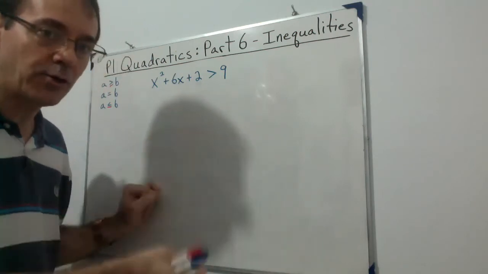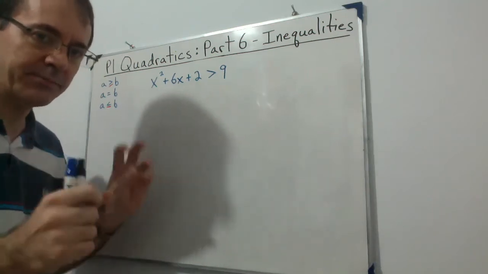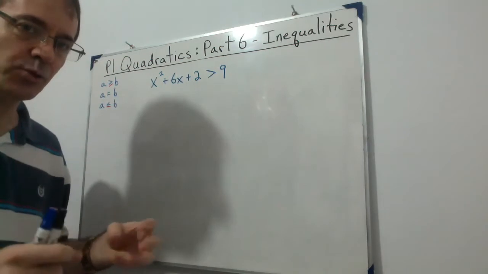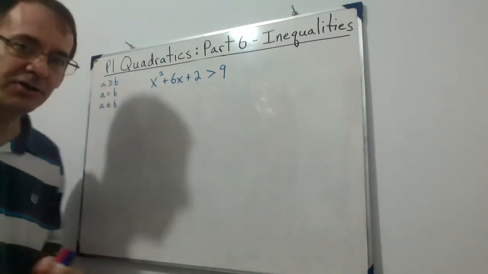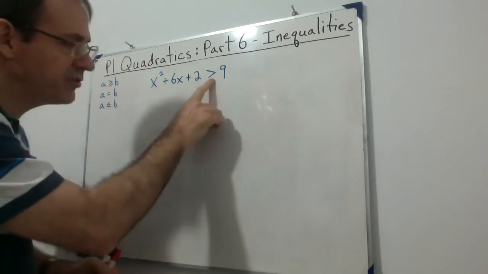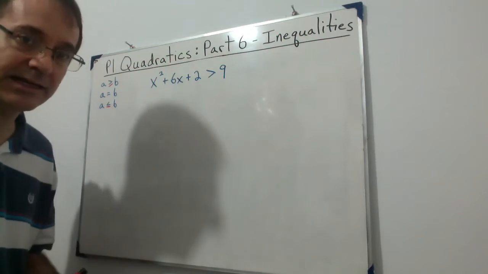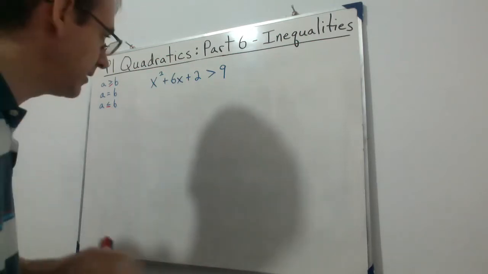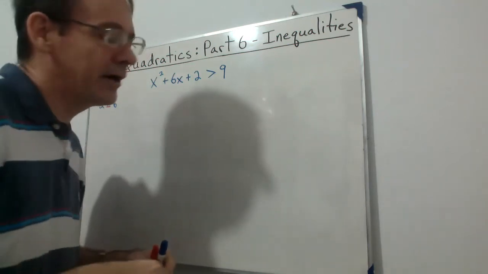So follow whatever the original has. I notice students sometimes lose track as to whether you should or should not have that equal component to the inequality. So just follow the original quadratic inequality.